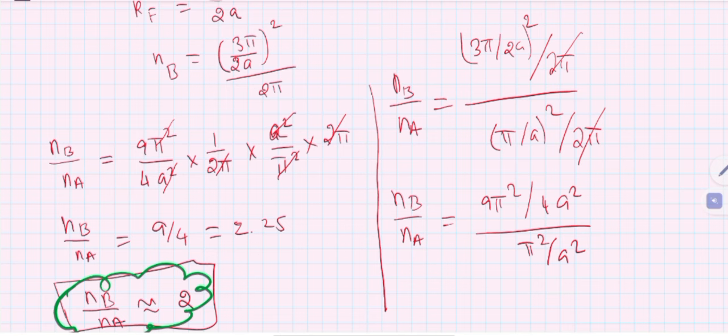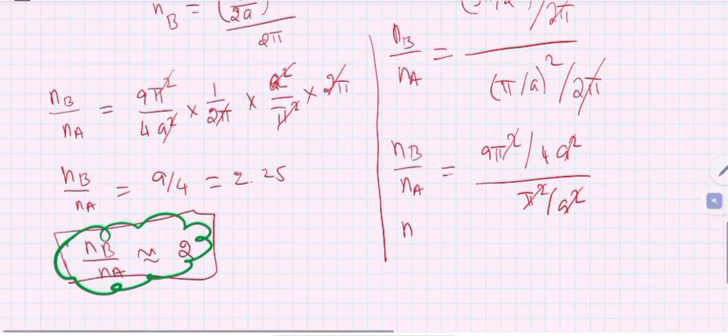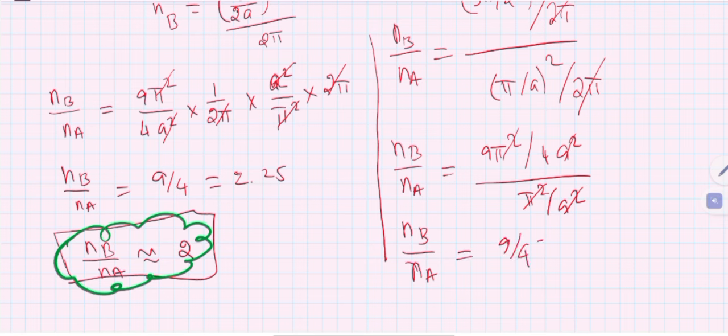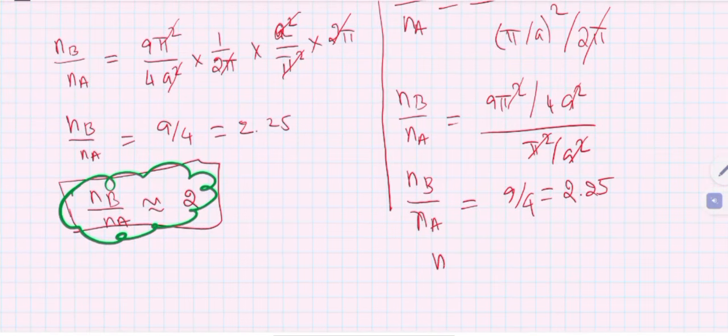The pi square and a square in numerator and denominator get cancelled, so NB by NA is equal to 9 by 4, which is 2.25. Therefore NB by NA is approximately 2.